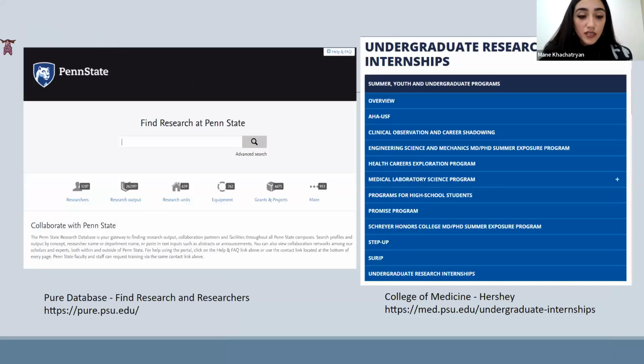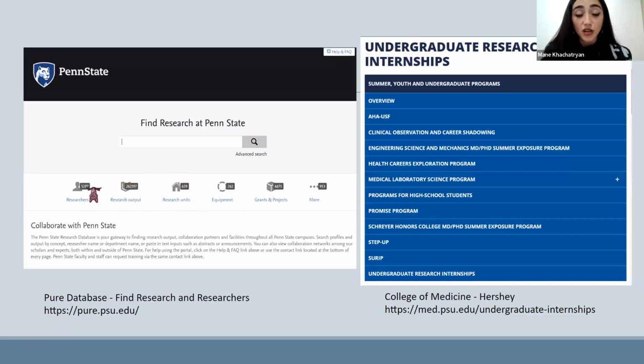So another one is, since I'm at Harrisburg, I don't know what campuses you guys are at, but if you have something similar near you, I'm very close to the College of Medicine, and because of that, I have a hotspot of researchers very near me. But this database is for researchers at all of Penn State. This is the Pure database. You can see all of the researchers and filter by the topic of the research, research outputs.